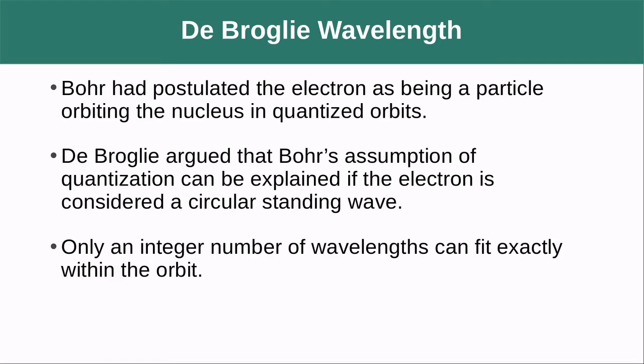So Bohr had postulated that the electron is a particle orbiting the nucleus in quantized orbits. De Broglie argued that Bohr's assumption of quantization can be explained if the electron is considered a circular standing wave. Only an integer number of wavelengths can fit exactly within the orbit.